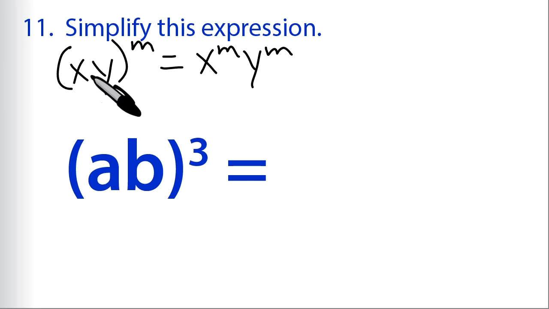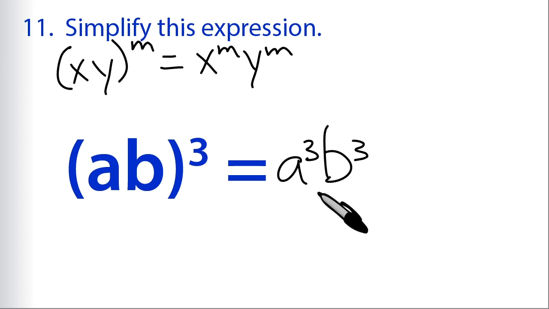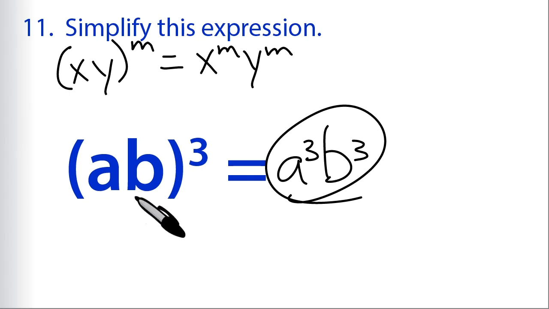So that means if we have 2 numbers, or 2 variables, being multiplied together, and that whole group is being raised to a power, then we can distribute that exponent to the individual variables or numbers being multiplied together. And so we're going to distribute that exponent of 3 to both the a and the b. So this will equal a cubed times b cubed. And that is the simplified form of ab, all of that cubed.